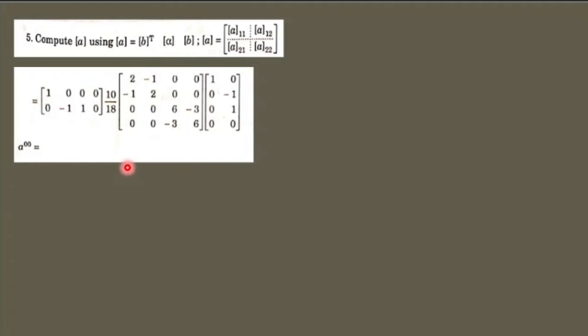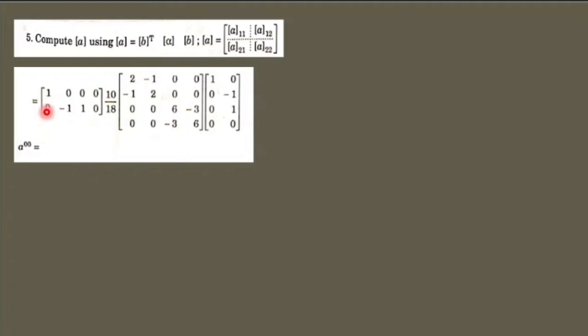If you add that, you will be getting 1. Okay. Then second row into second column. 0 into minus 1 is 0, minus 1 into 2 will be minus 2, this will become 0 and the other component is 0. So the second value will be minus 2. If you add the rest of the components, you will be getting minus 2.